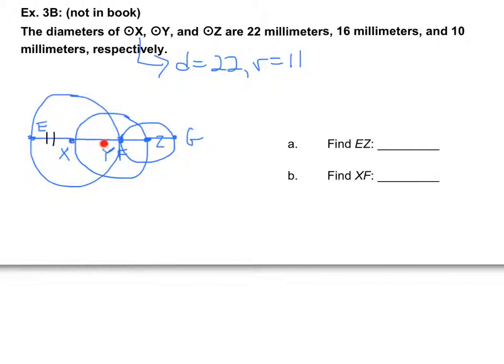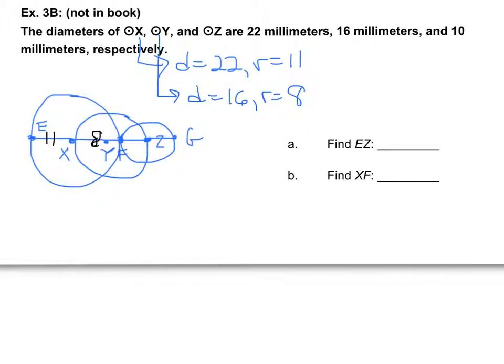Now Y is somewhere in the middle there, so let's talk about how much of that is going to work for Y. If we look at circle Y's diameter, it is 16, so that means its radius is 8. And if we go ahead and put 8 onto our diagram here, on this side is 8.